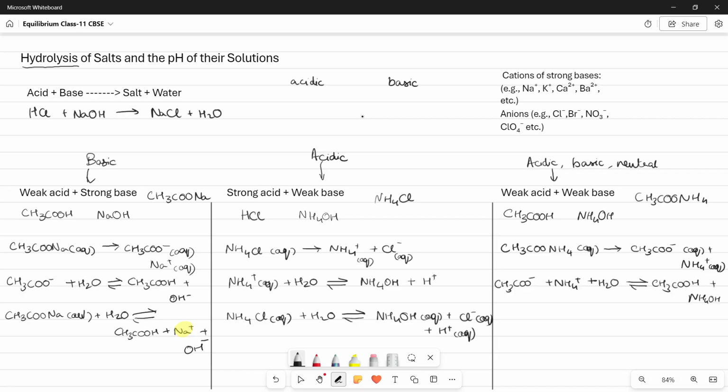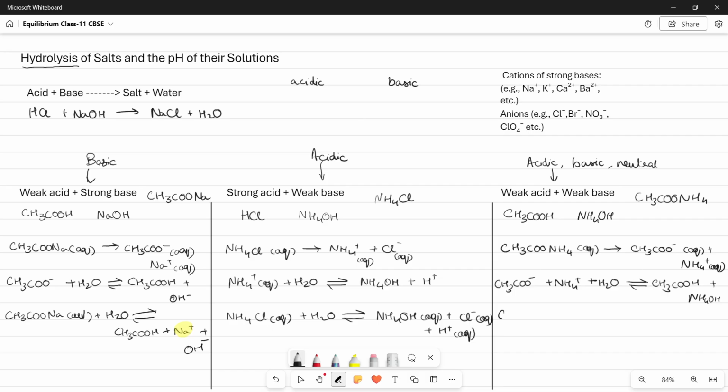This is why the strength of the acid and base matters. In this case, it didn't matter because the respective acid and base were strong. In comparison, these are obviously going to be weak, so here we have to consider the relative acidity and basicity of the weak acid and the weak base.